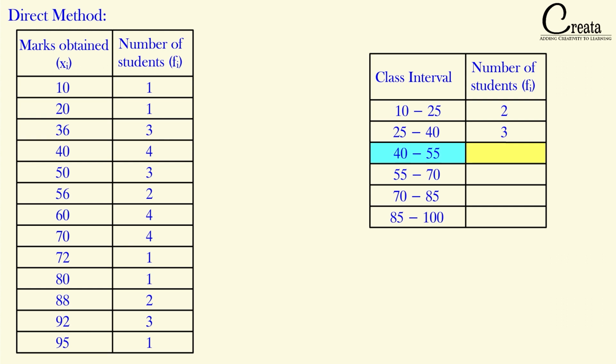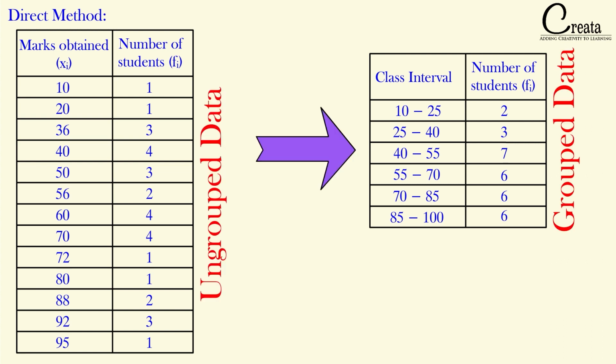So in 40 to 55, these 7 students will come. Similarly, from 55 to 70, 6 students, 70 to 85, again 6, and 85 to 100, again 6 students will come. So what we have done is converted the ungrouped data into the grouped data form. Why have we done this?